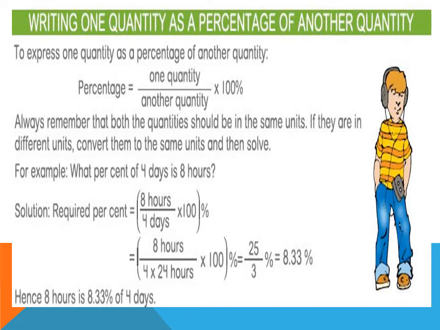So we are converting both the quantities in the same unit, that is hours. So 8 hours by 4 into 24 hours into 100%. After simplification we will get 25 by 3 or 8.33%. Hence 8 hours is 8.33% of 4 days.